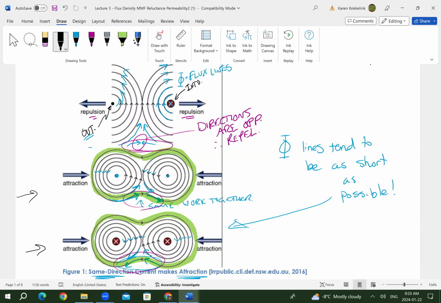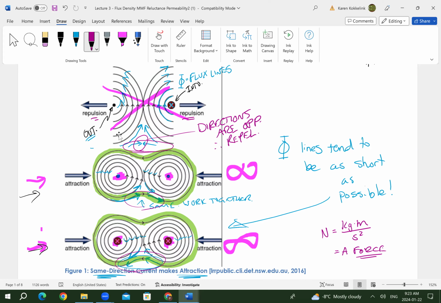An amp is the constant current that produces a force of 2 times 10 to the negative 7 newtons per meter. Well, a newton is a force, right? A newton is a kilogram meter per second squared. A newton is a force.